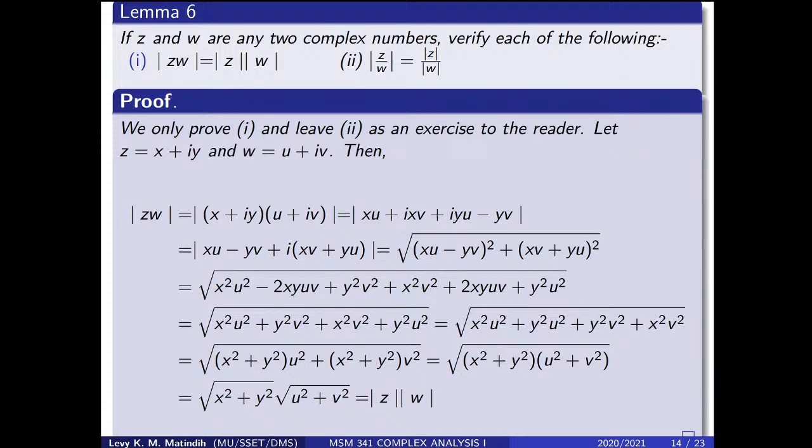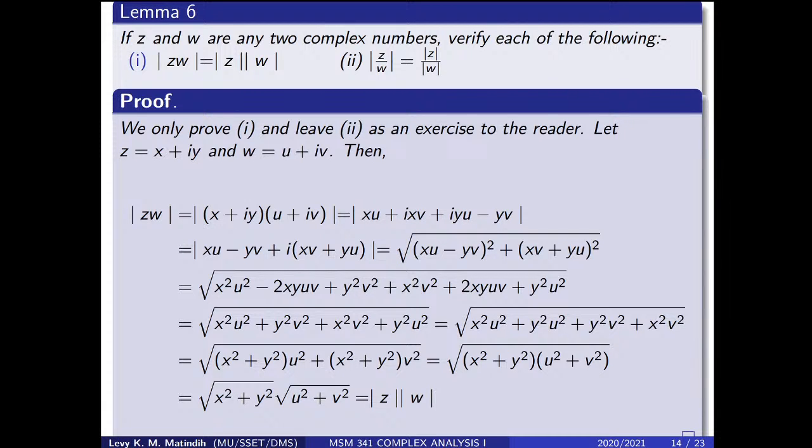If we expand whatever is inside this square root, expanding xu minus yv squared, what you're going to get is x squared u squared minus 2xy uv plus y squared v squared plus x squared v squared plus 2xy uv plus y squared u squared. After expanding everything, we are going to get this.